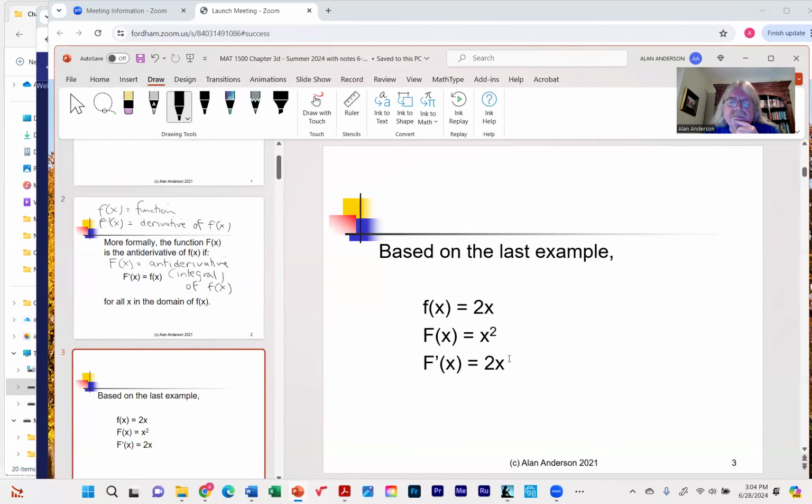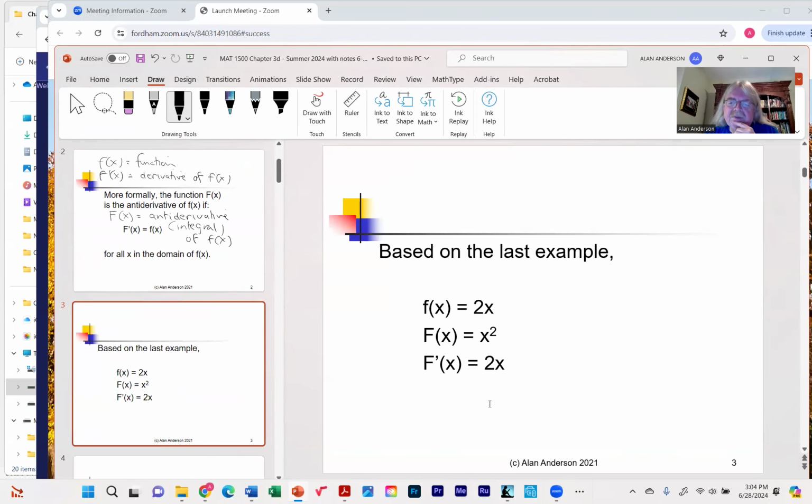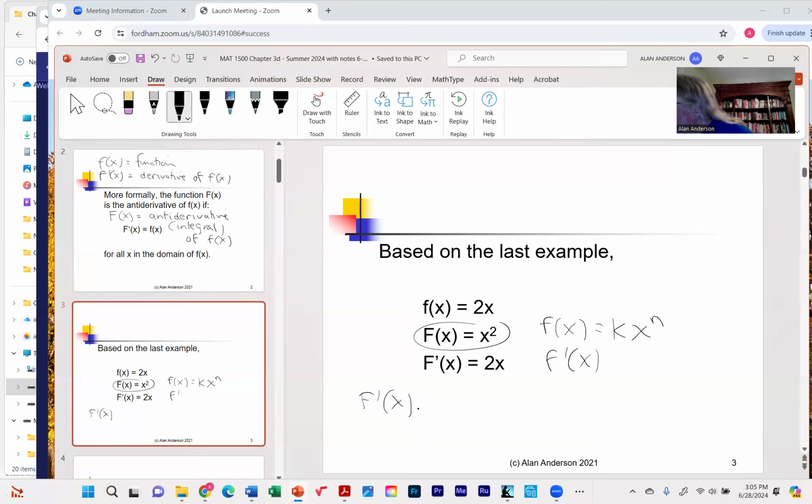So anyway, here's an example right here. F of x is 2x. Now, you haven't seen how yet, but I'm going to tell you right now, the antiderivative or integral is x squared. Okay. We'll learn how to do this very quickly. But then what you can see here is if that's the case, then the derivative based on the power rule, or how that works, if f of x is k x to the n, then f prime of x is nk x to the n minus 1.